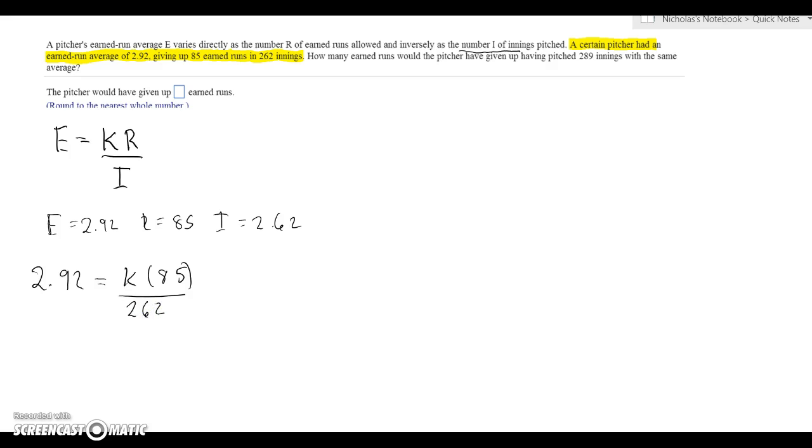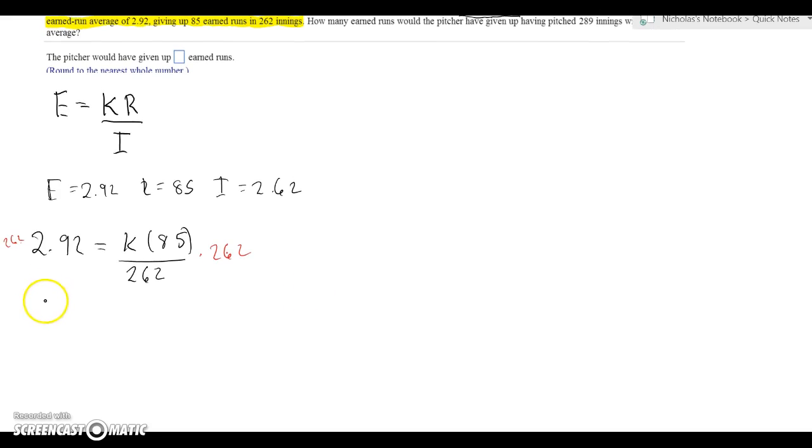Now I'm going to get rid of the 262 in the denominator by multiplying both sides by 262. 2.92 times 262 gives us 765.04 equals, and then these cancel out here and we just have K times 85. Now to get K by itself, we're going to divide both sides by 85.